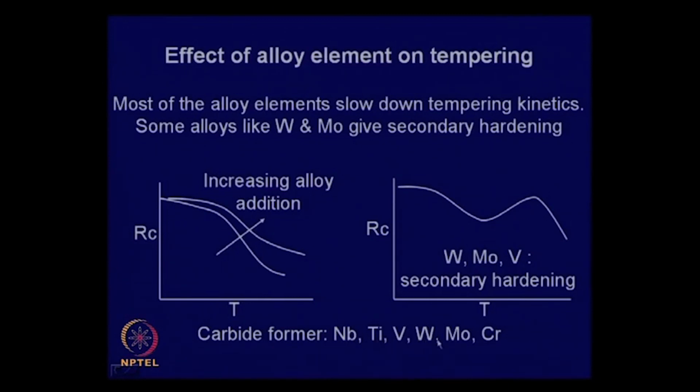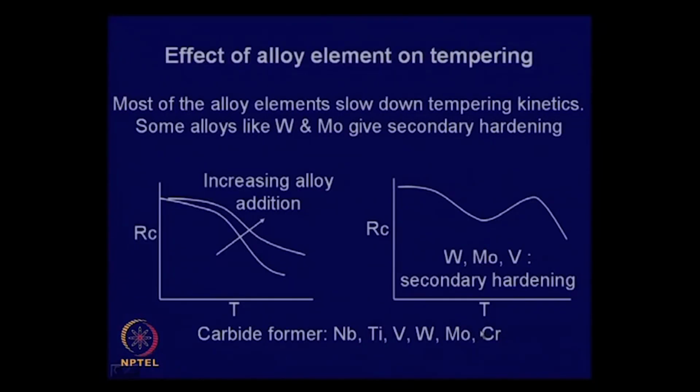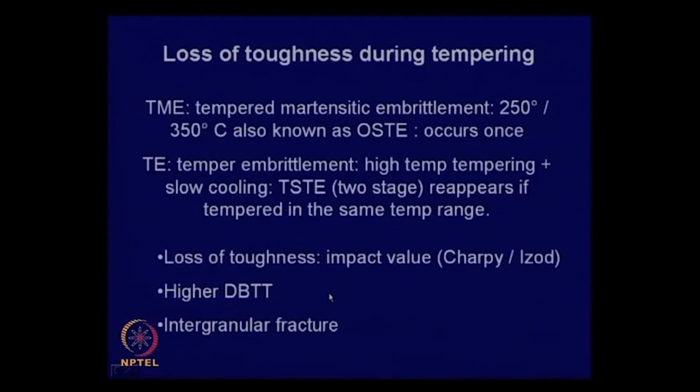Particularly these elements listed here, niobium, titanium, vanadium, tungsten, moly and chromium, will most likely be present in carbide, whereas nickel will be likely present in austenite or later on in ferrite.